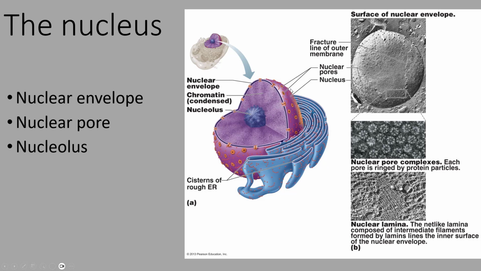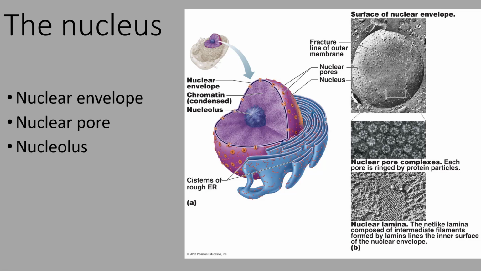Now, things need to be able to get in and out of the nucleus, but the nucleus is very, very selective with what can get in or out. Since the DNA is found within the nucleus, and the DNA is so important, the nucleus is very protective of that DNA.